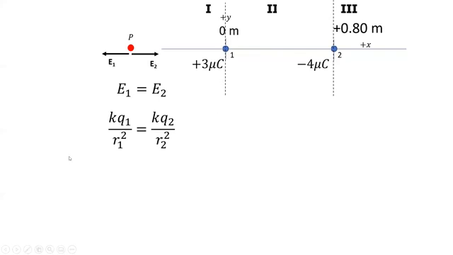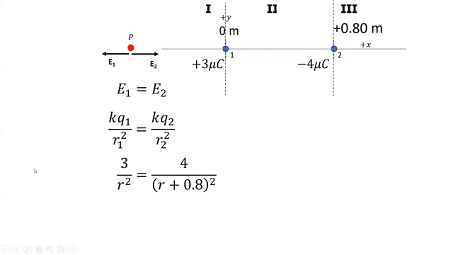That will cancel out. For E fields and for forces, you never put the polarity in. In other words, you never put the negative sign in. For R1, it's going to be some distance away from charge 1, so let's just call that R. From charge 2, R2 is going to be R plus that distance of 0.8.